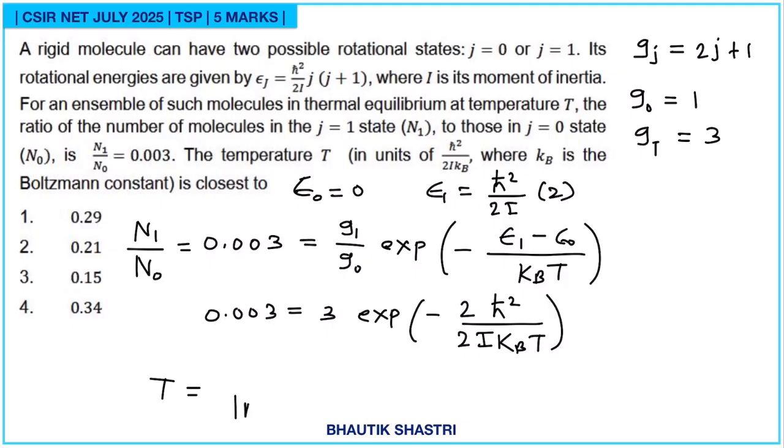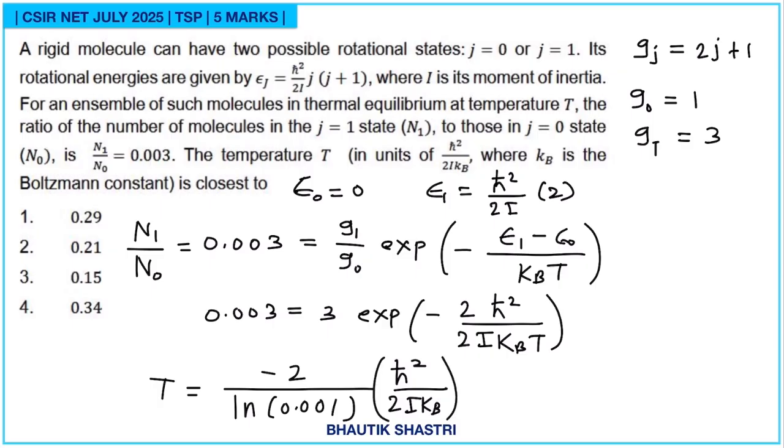So ln of 0.001, then we have minus sign here, minus 2 into h square upon 2I kb T. And this will be equal to 0.2895 h square by 2I kb. So it can be rounded up to 0.29. So option 1 is correct.